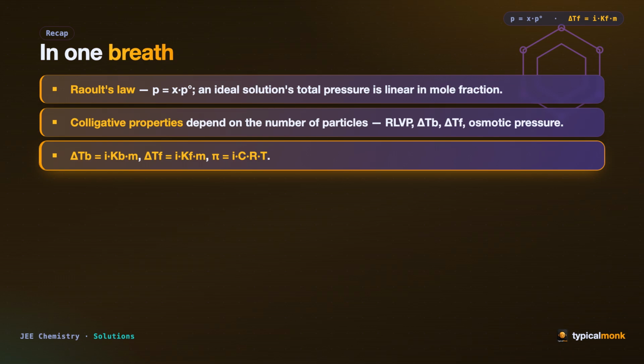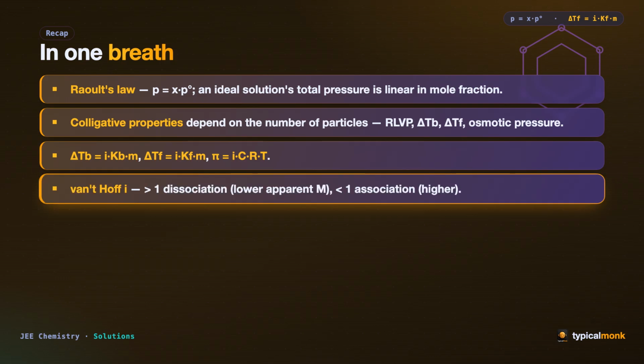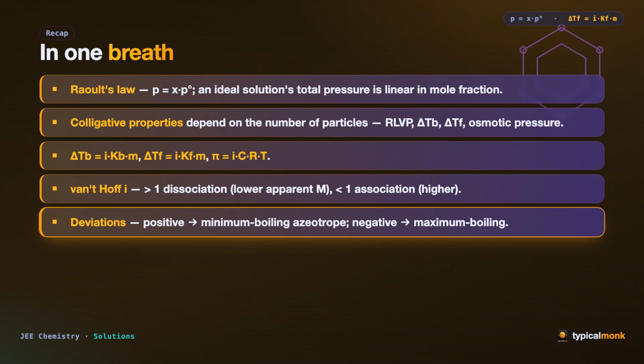ΔT_b equals i K_b m, ΔT_f equals i K_f m, and π equals i C R T. The Van't Hoff factor, greater than 1 for dissociation, giving a lower apparent molar mass, less than 1 for association, giving a higher one. And the deviations, positive gives a minimum boiling azeotrope, negative gives a maximum boiling one.